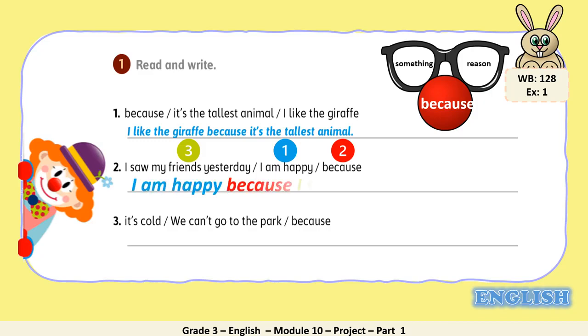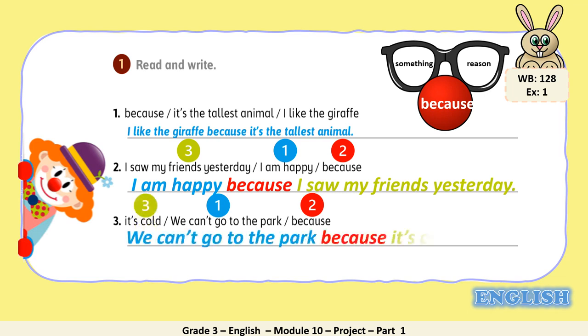Well done. Let's take a look at number 3. It's cold. We can't go to the park because. Excellent. We will start with we can't go to the park because it's cold. Excellent job, everyone.